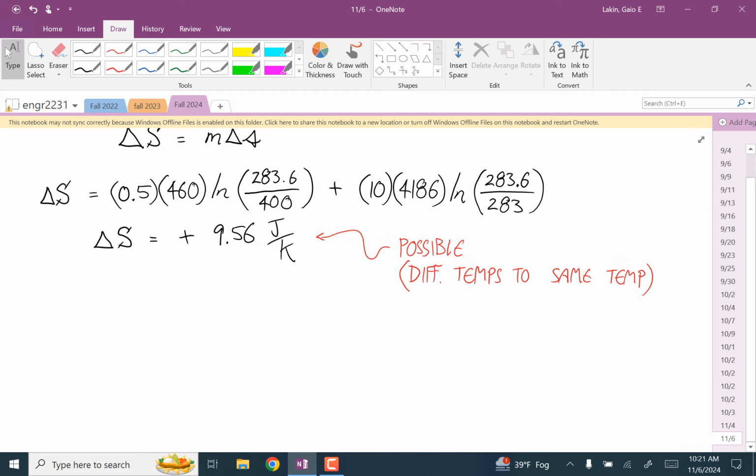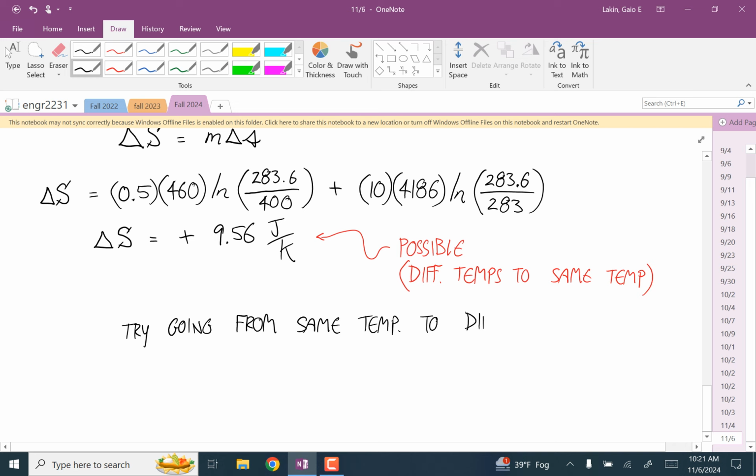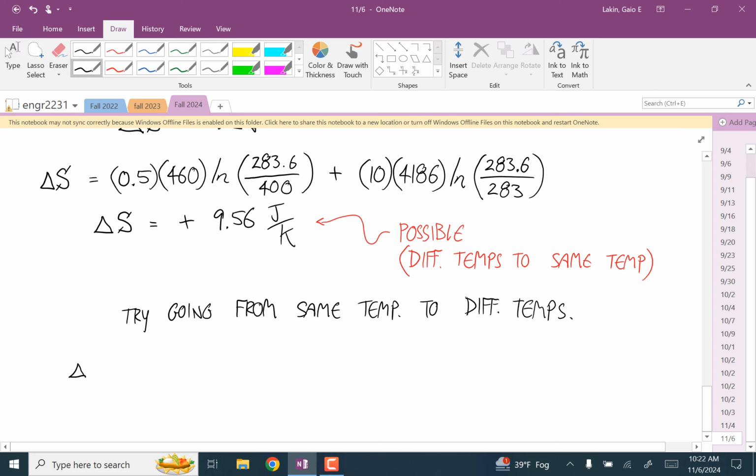So now let's try going from the same temperature to different temperatures. So this time we have that the change in extensive entropy is equal to 0.5 times 460 times the natural log of, so this time the later temperature would be 400.